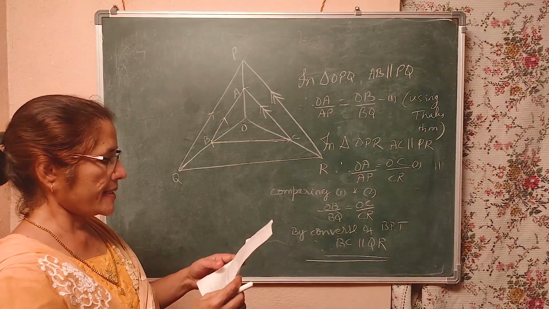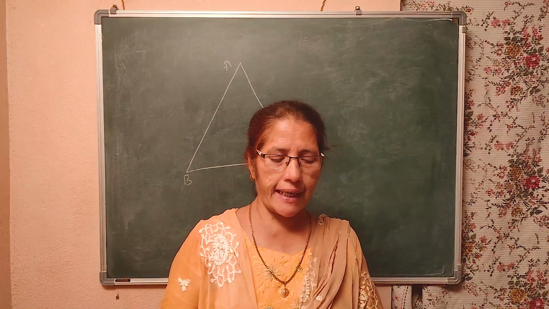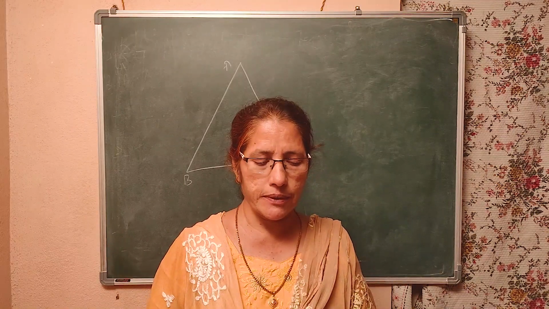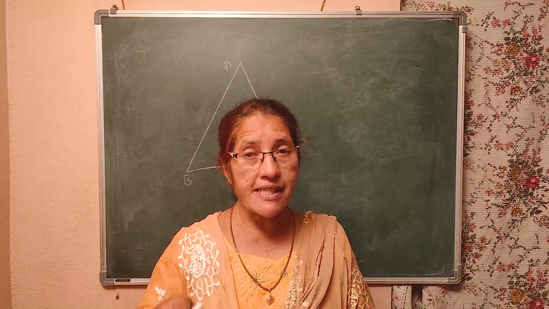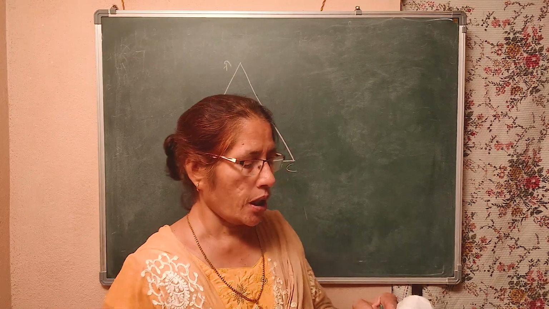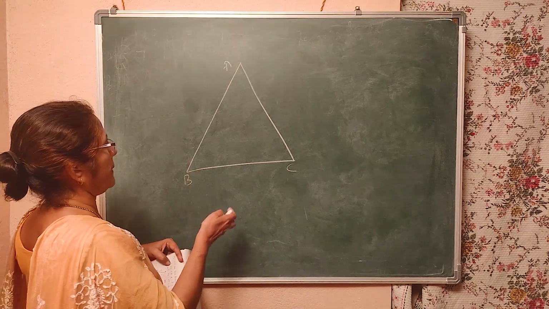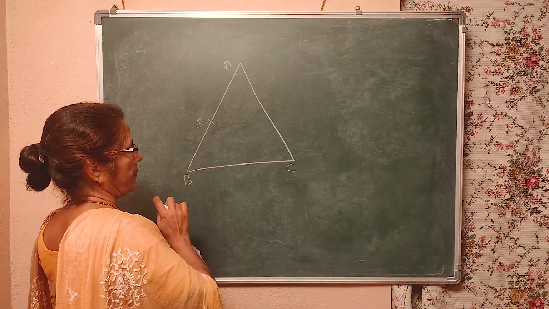Next, 7th question. Prove that the line drawn through the midpoint of one side of a triangle, which is parallel to another side, bisects the third side. So this is the midpoint you take. E is the midpoint.